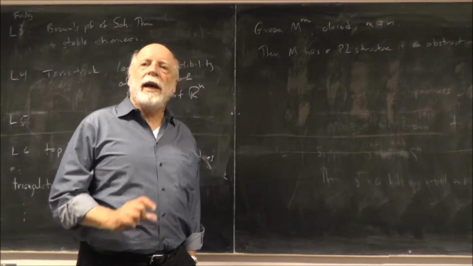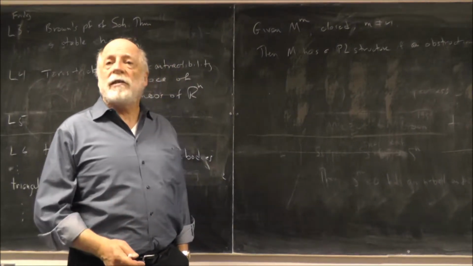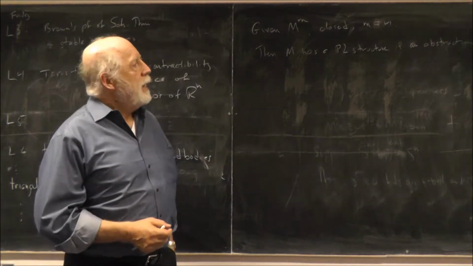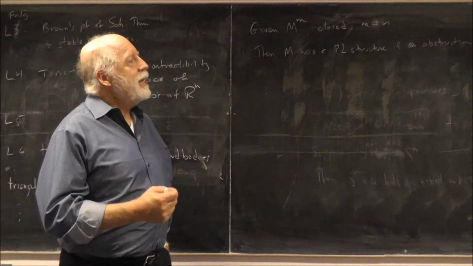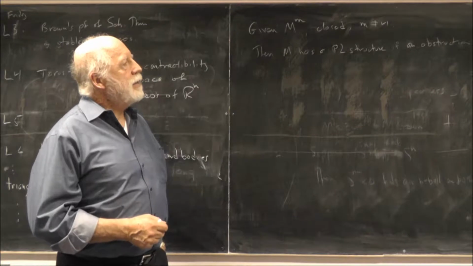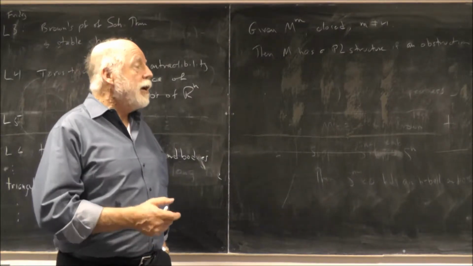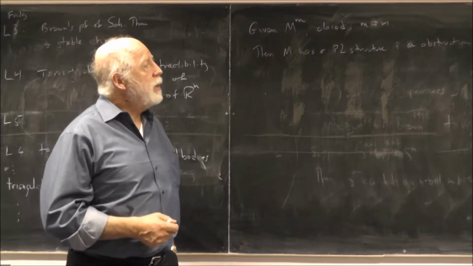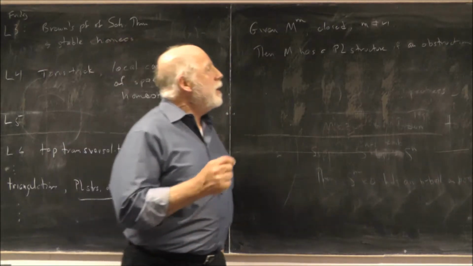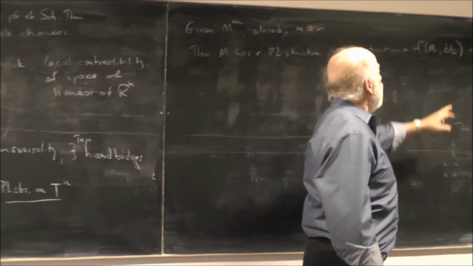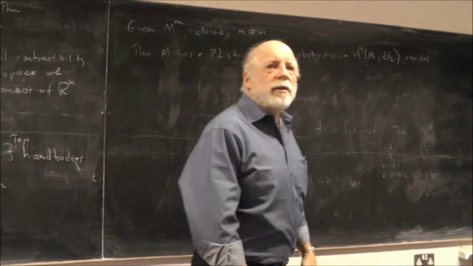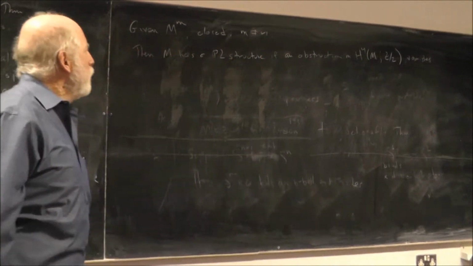There is one of signature 16, but not 8. The algebra says there should be one of signature 8, and it's not there smoothly. It is there topologically, but it isn't there smoothly or piecewise linearly, and it's that missing manifold that causes this obstruction to exist. So I'll explain that at some point.